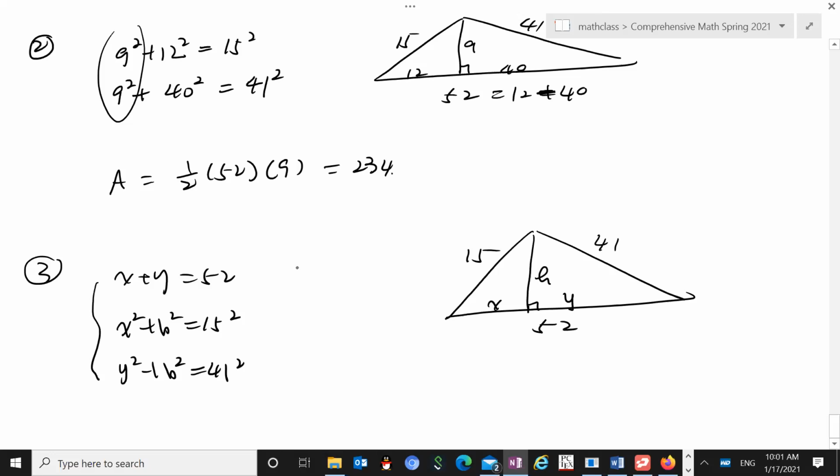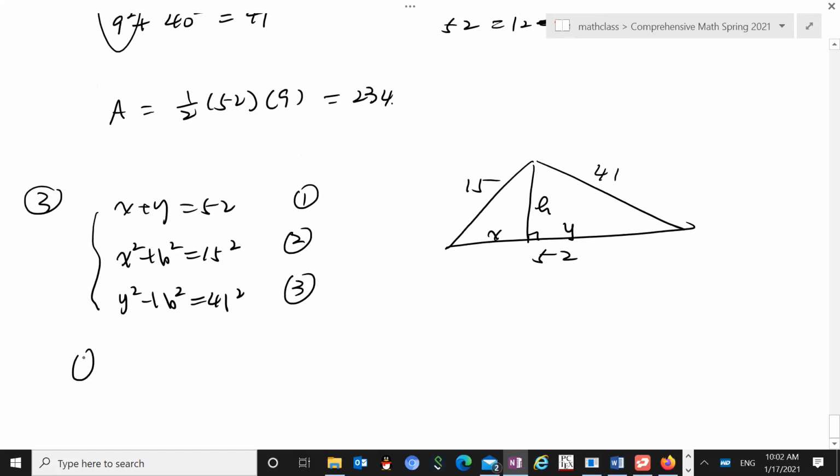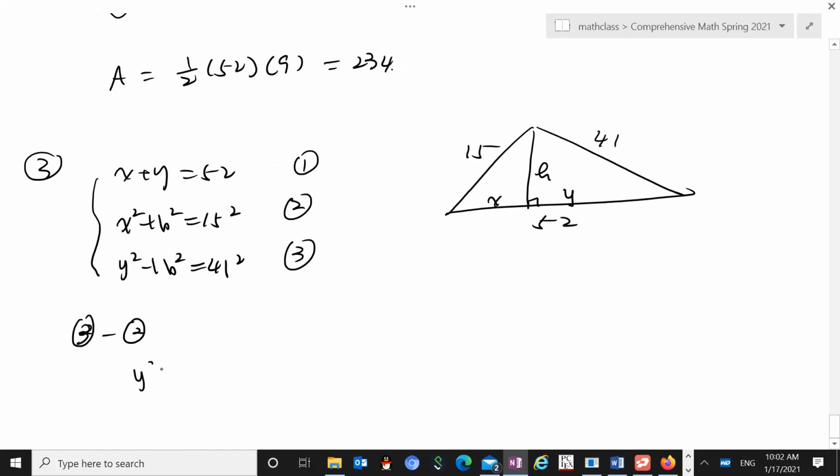How can I do that? Equation 1, equation 2, equation 3. I wish to find h, but I cannot do that immediately. If I find x and y, I can find h. So how can I do it? Equation 3 minus equation 2. H is gone, so y squared minus x squared equals 41 squared minus 15 squared.